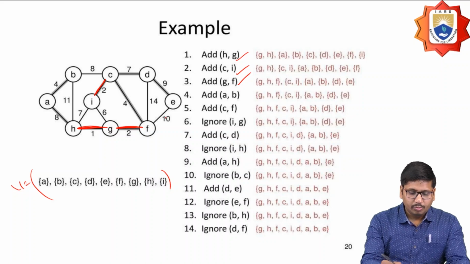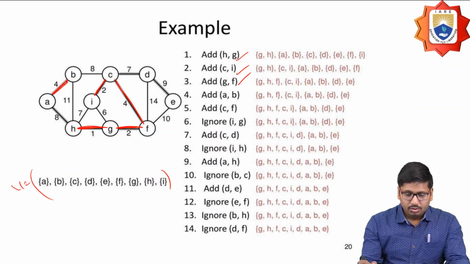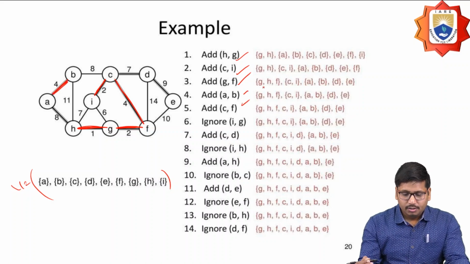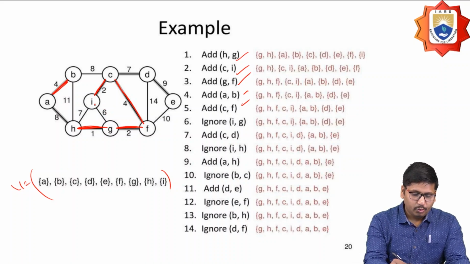Next minimum, I can add CF or AB, so both are added, and next minimum is IG, which is 6.